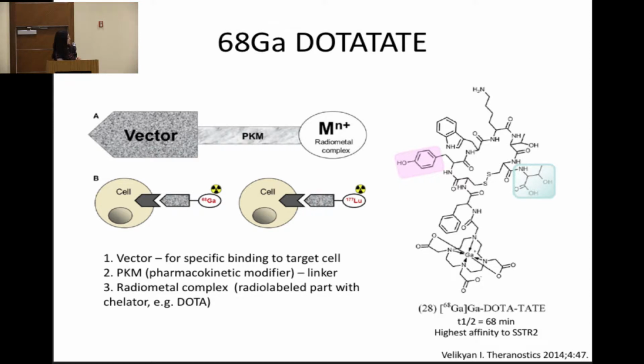There's a linker, and then there's a radiolabel complex with a chelator bound at the end, so that helps to detect the tumor. The tracer used in the currently used PET gallium DOTATATE scan is this one here. So this is the gallium 68 radiotracer bound to octreotate, which is basically octreotide, a somatostatin analog.